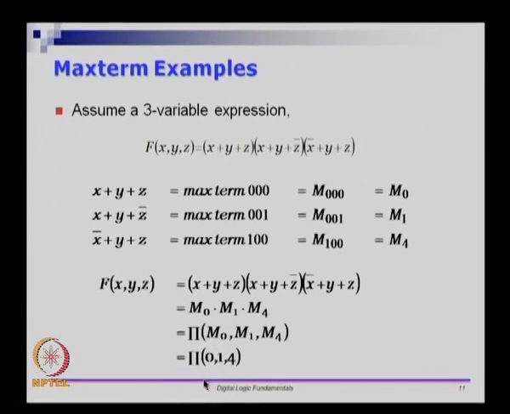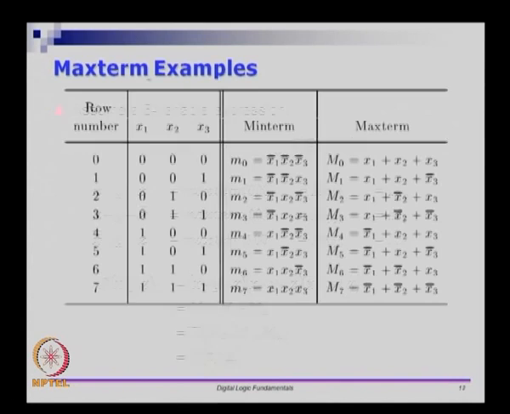So, we can drop the capital M and write it as 0, 1, 4. It is wrong to write pi of small case m0 and things like that. We always associate pi with max terms and we associate sigma with min terms. So, whenever we write something like 0, 1, 4 here, it assumes that we already have an implied capital M, and the max terms are being multiplied with each other.